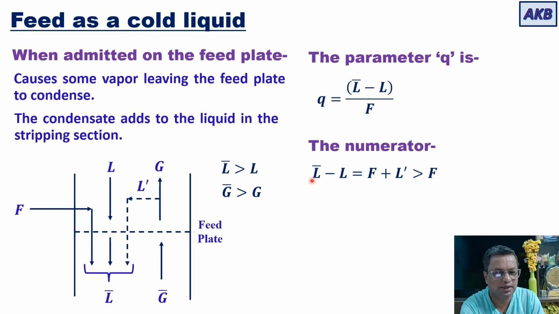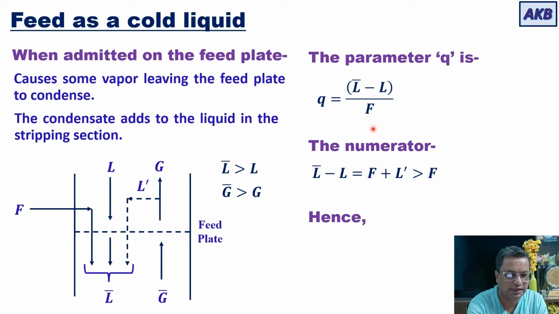Okay, so L bar minus L is nothing but F plus L dash. That means it is more than the feed. That is, it is greater than. That means in this defining equation for Q, the numerator is greater than denominator.